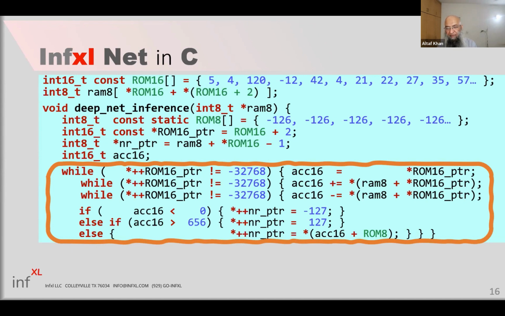If you dig down into this network, you will see there are 2 types of data. Some 16-bit integers, which are in ROM 16, and some 8-bit integers, which are in ROM 8. So no floating point, no 32-bit, no divisions, no multiplications. This is a very simple deep network.